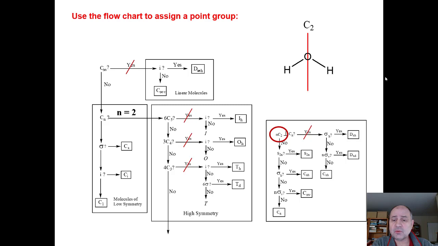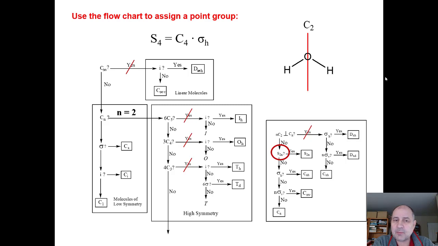So we go down to the S2n, so that's your improper rotation. So we again replace n with 2, so we're looking for an S4. So an S4 would be a C4 followed by a horizontal mirror plane. So we can definitely rule this out already.